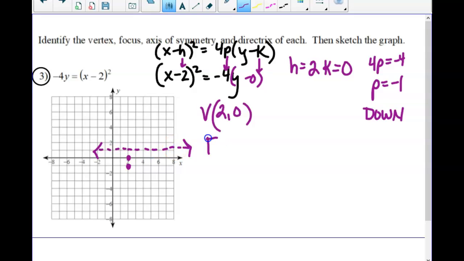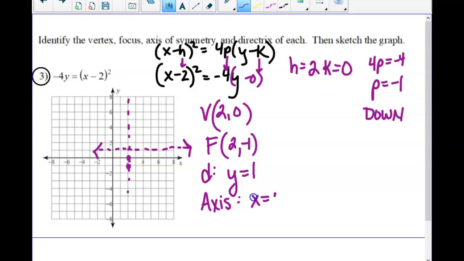So where's the focus? 2, negative 1, does that sound right? And the directrix? Y equals 1. Axis of symmetry, anybody? Would be this line, which is x equals 2.